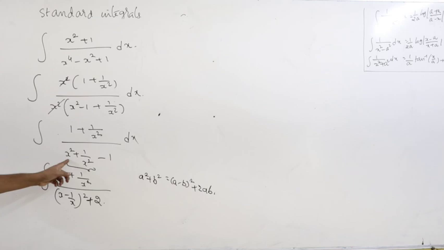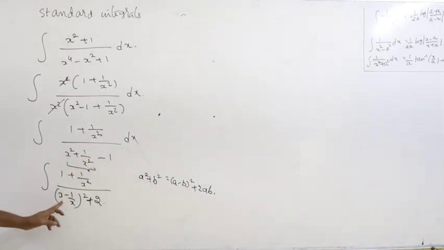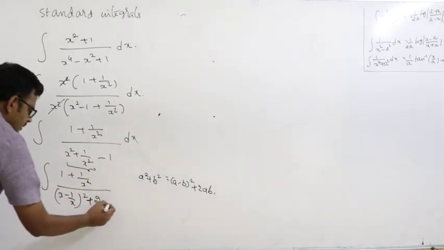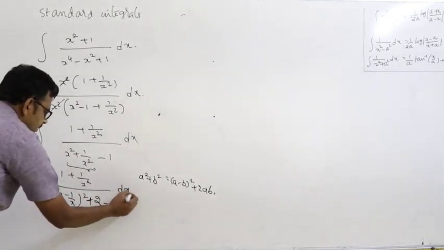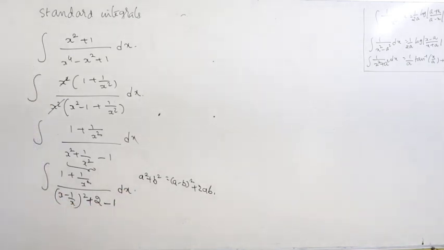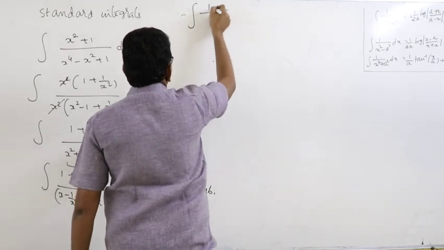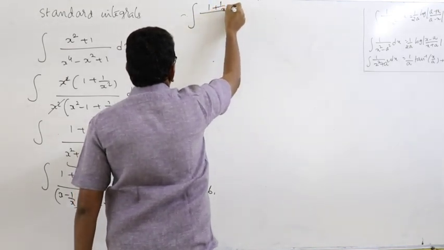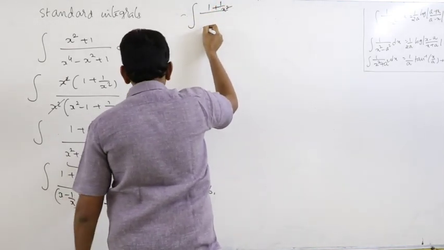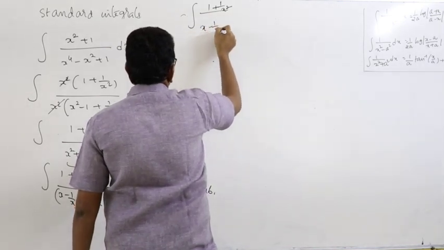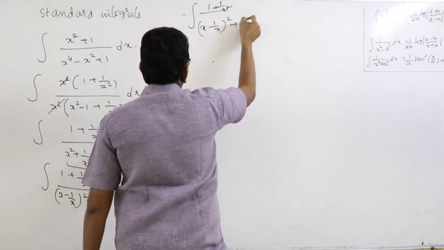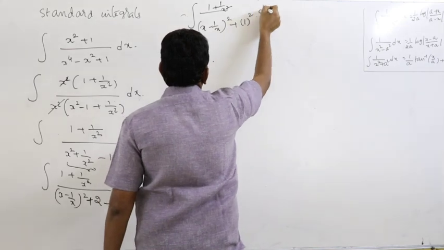a square only for this, not minus 1. x minus 1 by x square plus 1 by x square minus 2 and plus 2 minus 1 dx. That is equal to integral 1 plus 1 by x square by x minus 1 by x whole square plus 1 square dx.